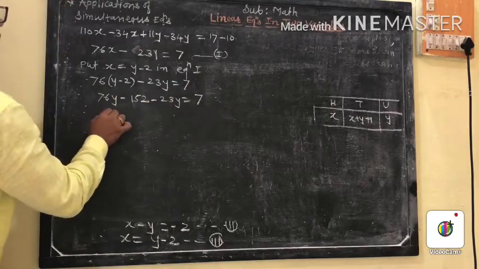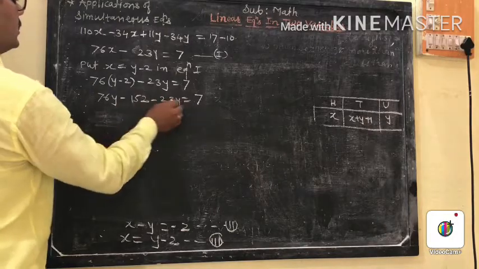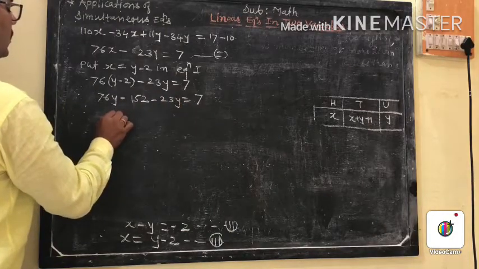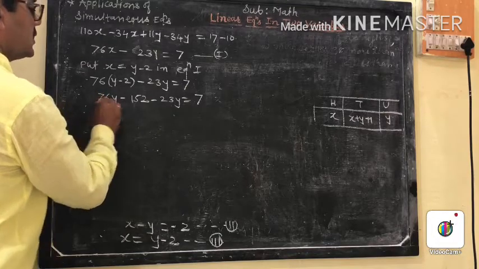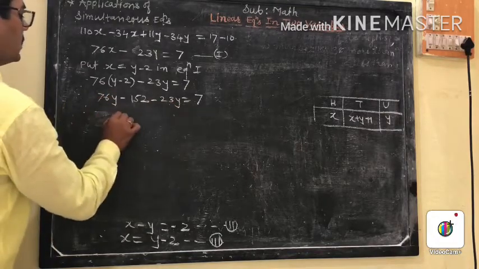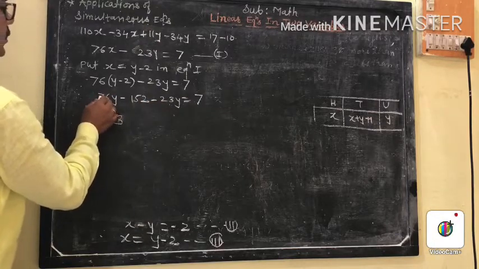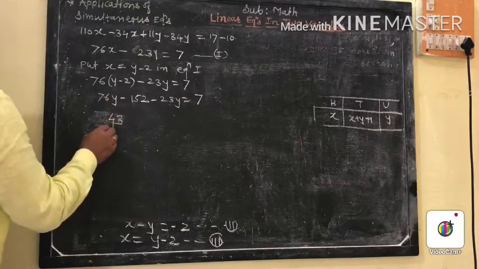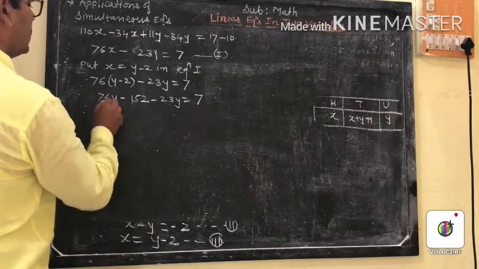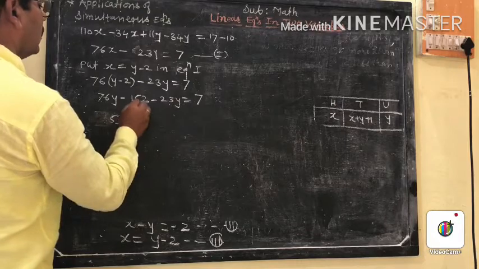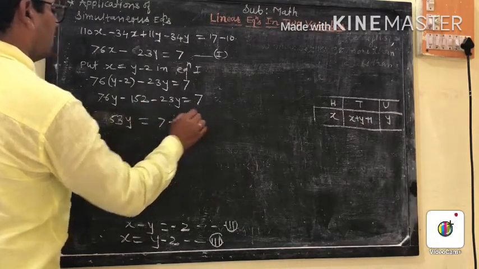Therefore, 76y and 23y, subtract: 76 minus 23 is 53, 53 is remaining here. Y is equal to 7 plus 152.